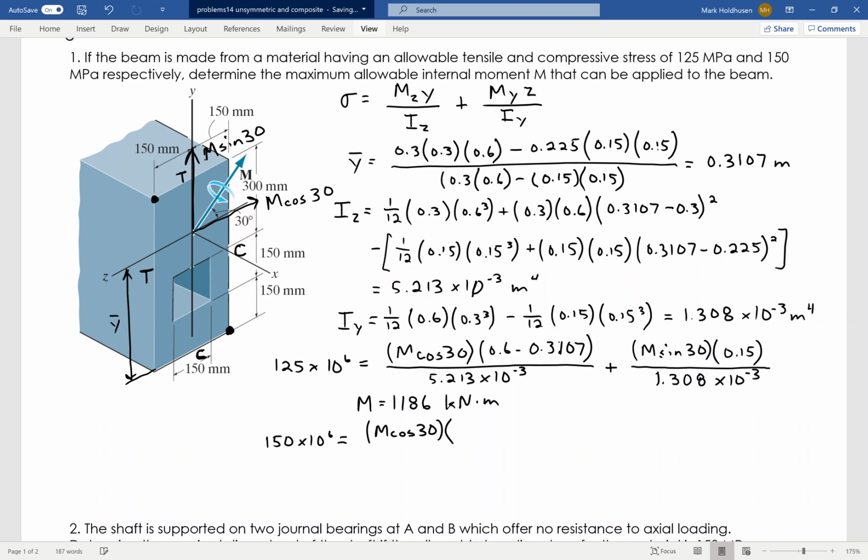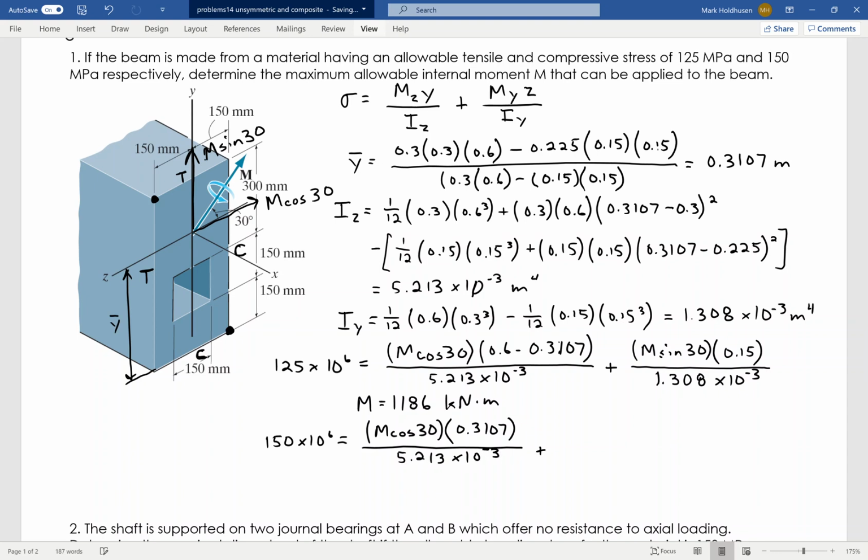But here's the difference. Now I'm going down and to the right. So to go down from the neutral axis, I go down that 310.7 millimeters. Divide that by the 5.213 times 10 to the negative 3.